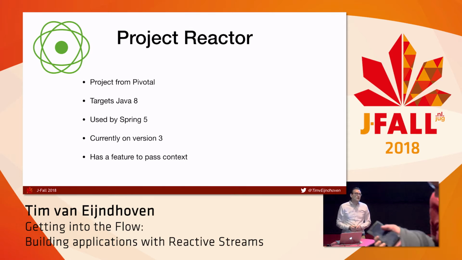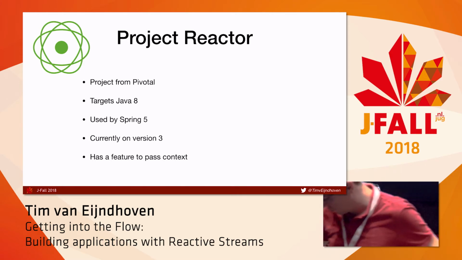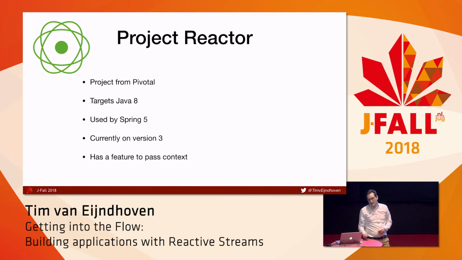And there's a really cool feature in Project Reactor, which is that it allows you to pass a context. It's especially convenient when you're using the whole Webflux stack, because previously what was often done in Spring was to use, for example, thread local to store certain values that were used across the calls.